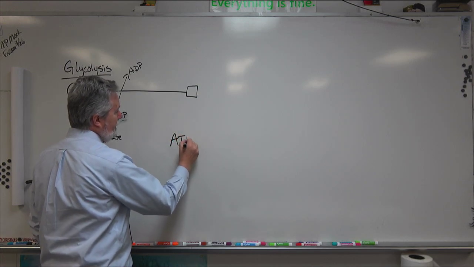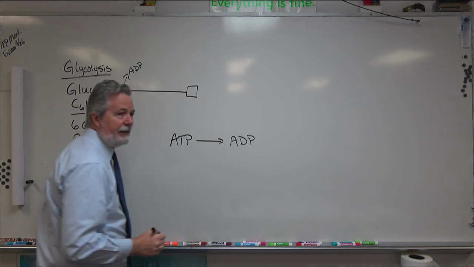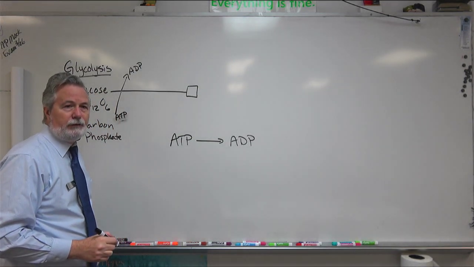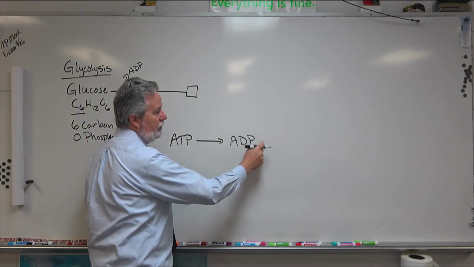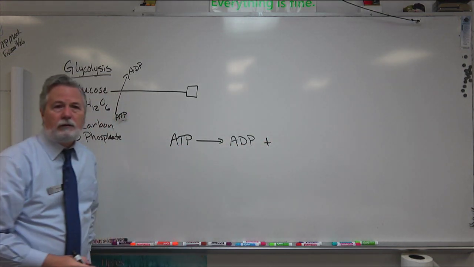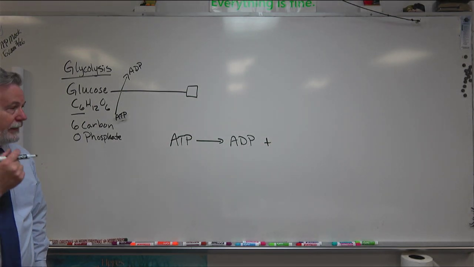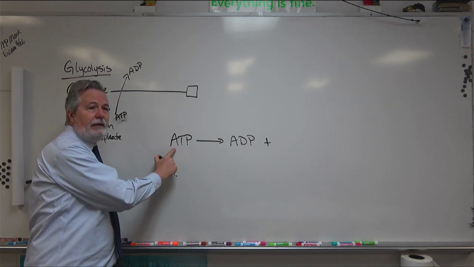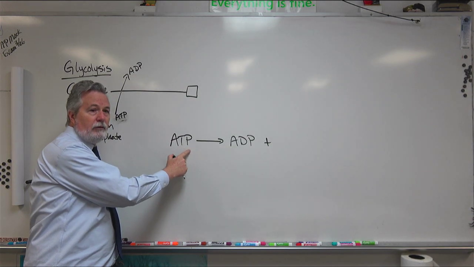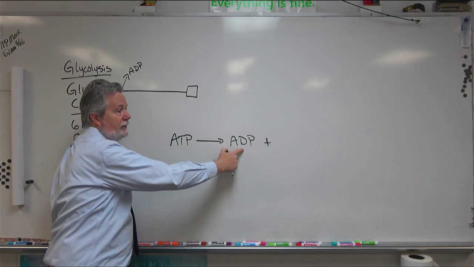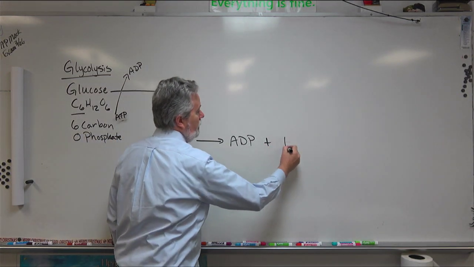If I have ATP and it goes to ADP, what else has to come off? If this is a chemical formula, I went from ATP to ADP, so what else has to be over here? Not hydrogen. ATP, what does ATP stand for? Triphosphate and diphosphate. That's diphosphate, so I can't lose or gain matter, so this has to be a phosphate.